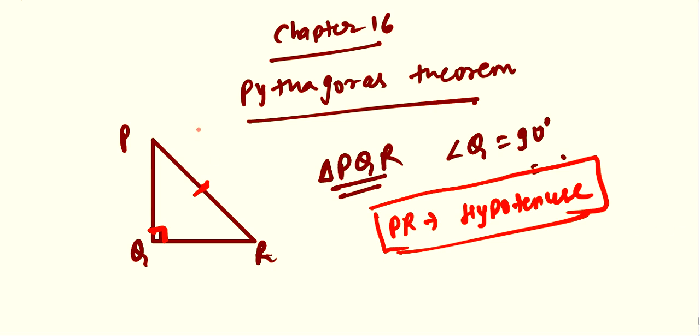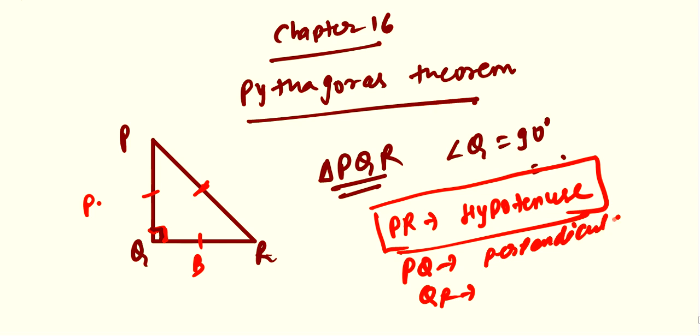Then what is base and what is perpendicular? So this is 90 degrees here, and this is perpendicular, and this is base. So your PQ is perpendicular, and QR is the base.